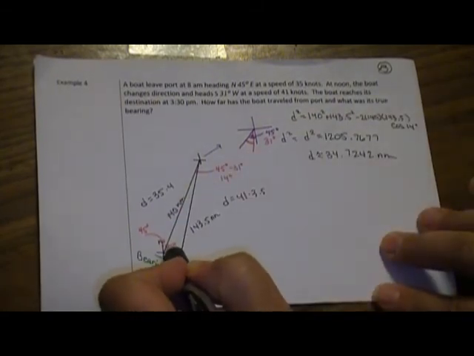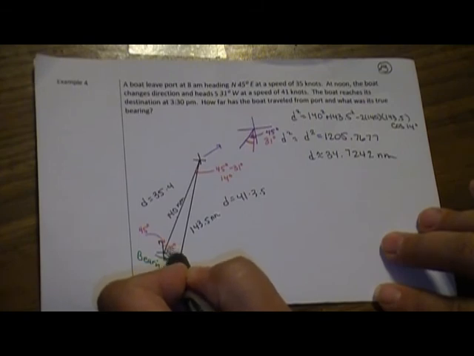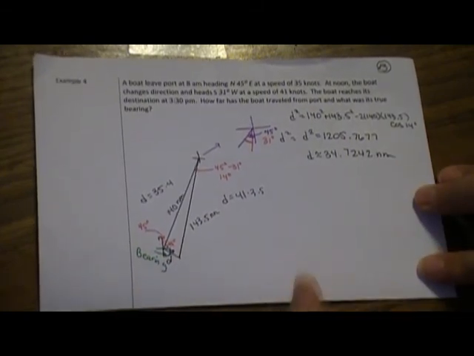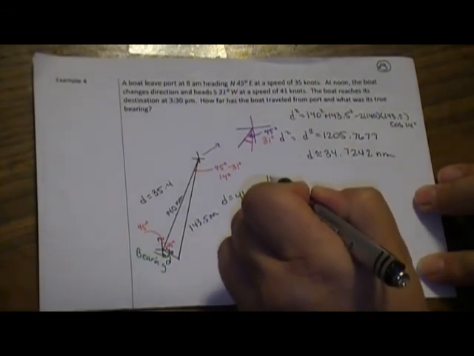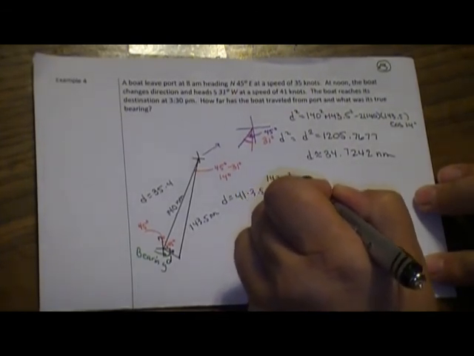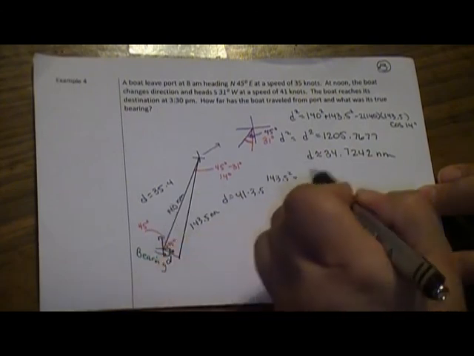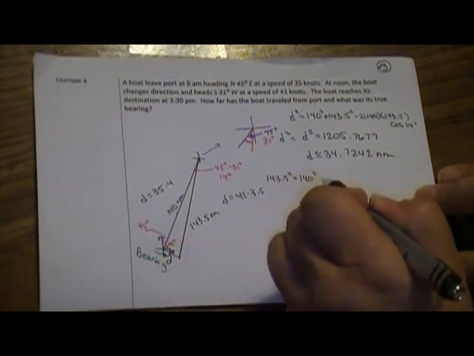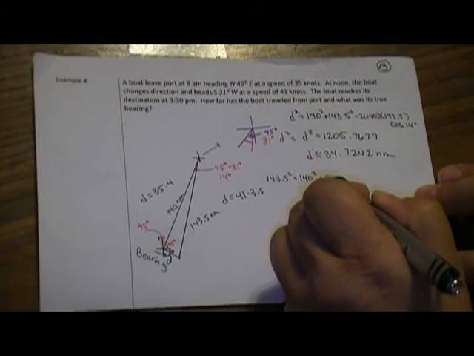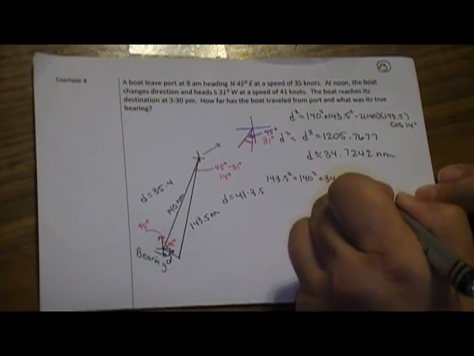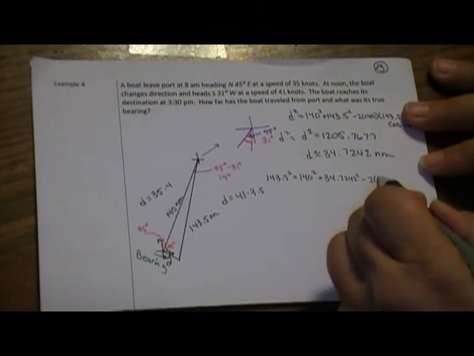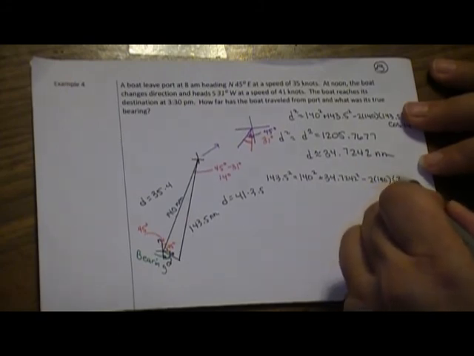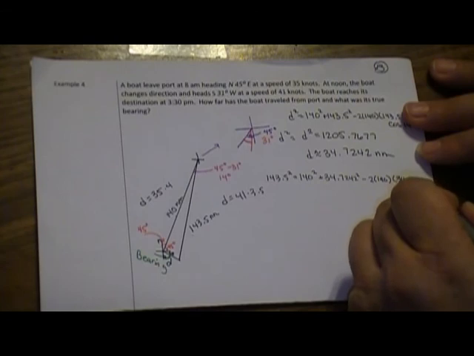I'm not going to use theta, I'm going to use alpha. So the opposite side of that is 143.5, so I'm going to go 143.5 squared equals 140 squared plus 34.7242 squared minus 2 times 140 times 34.7242 times the cosine of alpha.